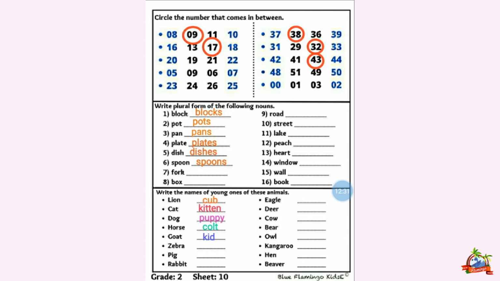कैट के बेबी को क्या कहते हैं, यंग वन ऑफ कैट. किटन. KITTEN. डॉग के बेबी को क्या कहते हैं, यंग वंस ऑफ डॉग. पपी.